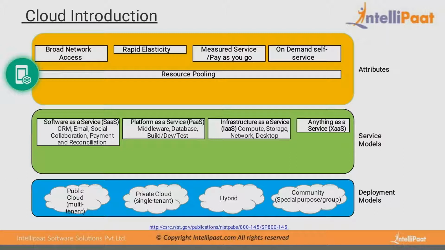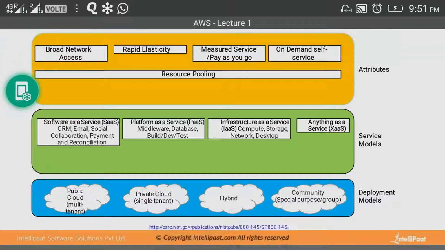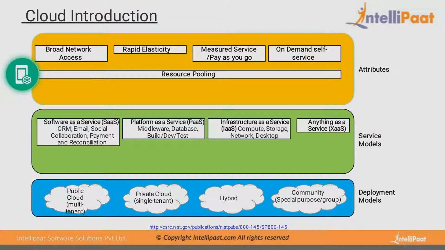So hybrid cloud is a combination of public and private cloud. Suppose you want to migrate your project to AWS, and your whole project cannot migrate to AWS. The reason behind it is your project has a limitation.